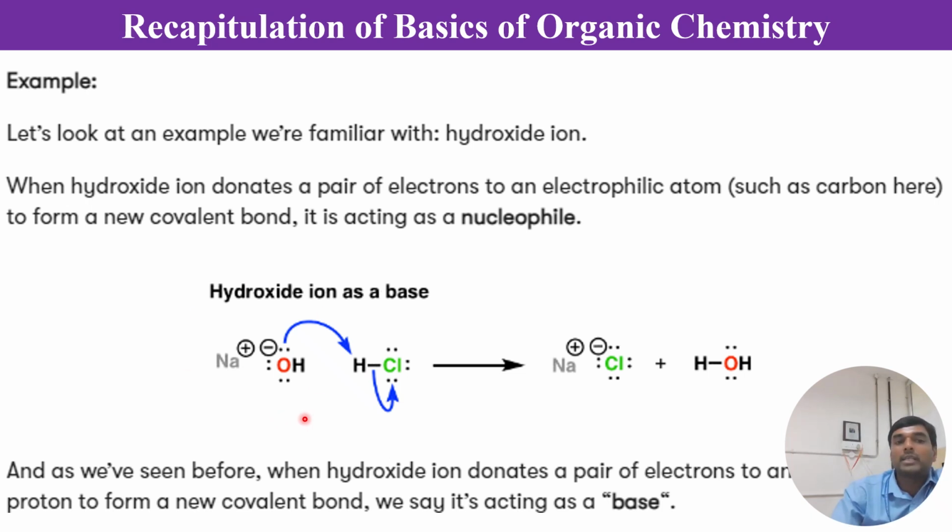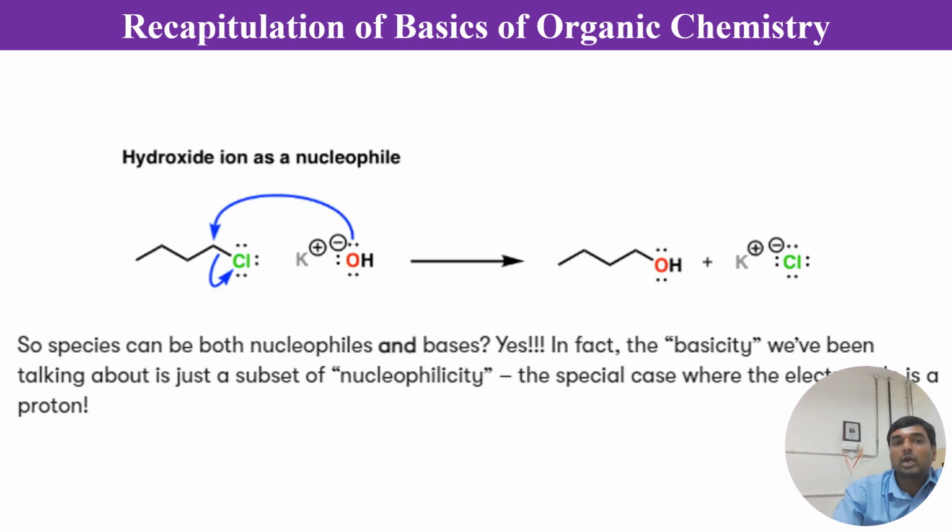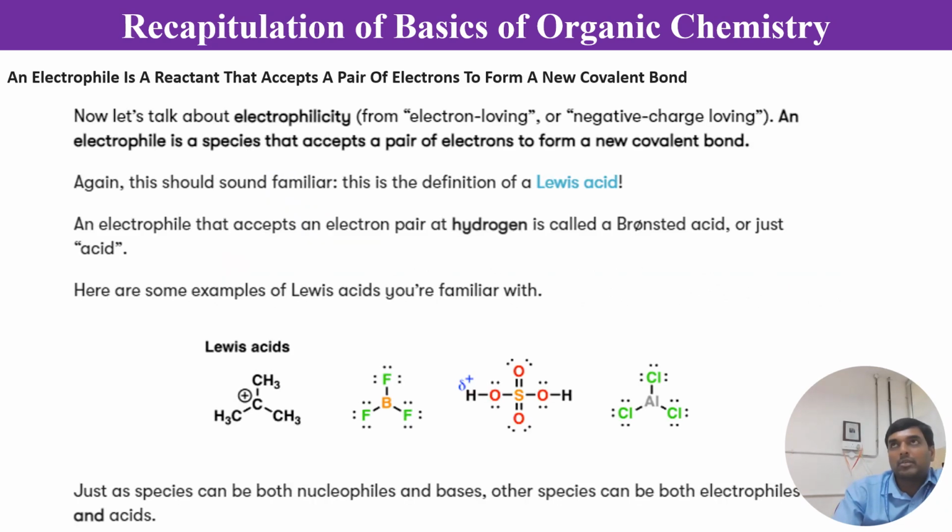You can see OH minus takes a proton and forms a water molecule. Similarly, this is a nucleophilic substitution reaction where the nucleophile attacks the carbon attached to a leaving group, and you get the new bond. That is, nucleophile and electrophile are complementary to each other.